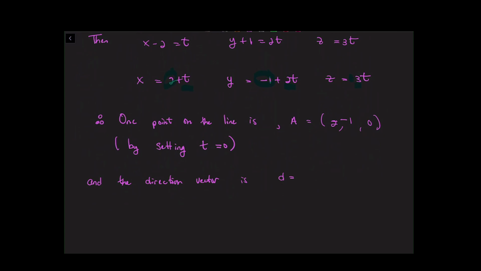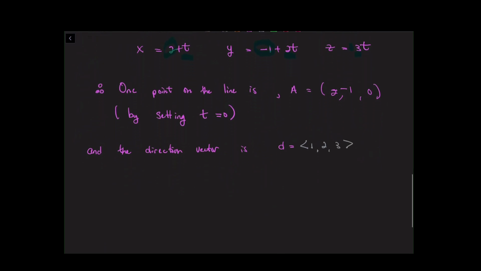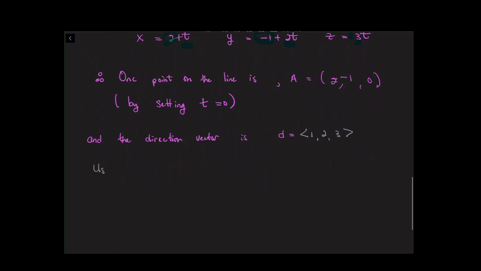The direction vector is 1, 2, 3. So using our fixed point now, our fixed point we're given in the question, I'm going to call that point P0.